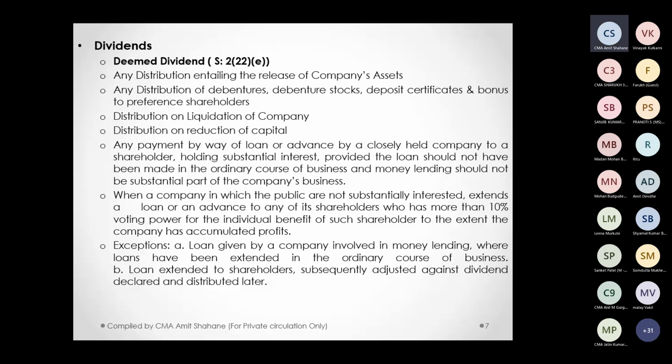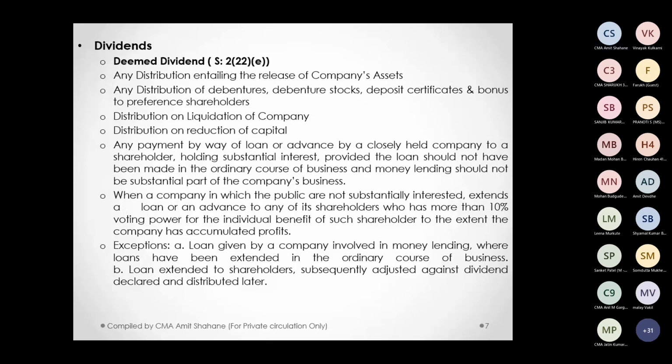So let's say A is a company, and rather than giving anything to the shareholders directly, it will be routed through, say, company B, which is a closely held company of A. So B will, for example, provide a loan, or let's say an interest-free loan, to the shareholders of A. So even this is considered as deemed dividend. Now the only exception in this case is if lending is not your primary business.